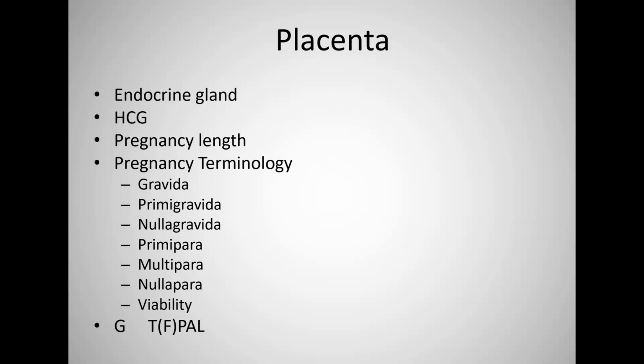They might have 3 that they had full term. They haven't had any preterm deliveries. And then they had 2 abortions, and then they have living children 3. So that's what that means.